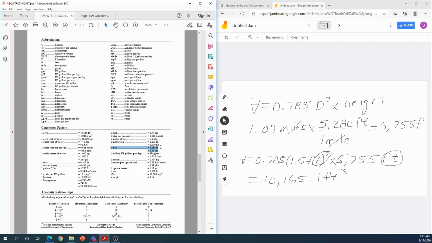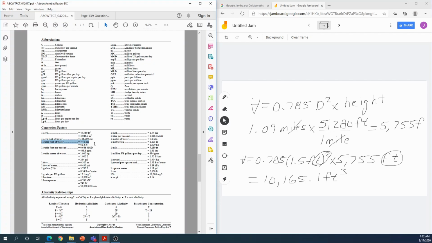Now the answer wants this in gallons though. So we come back and look at our cheat sheet. We know that 1 cubic foot of water is equal to 7.48 gallons. So we have 10,165 cubic feet of water times 1 cubic foot of water, there's 7.48 gallons.